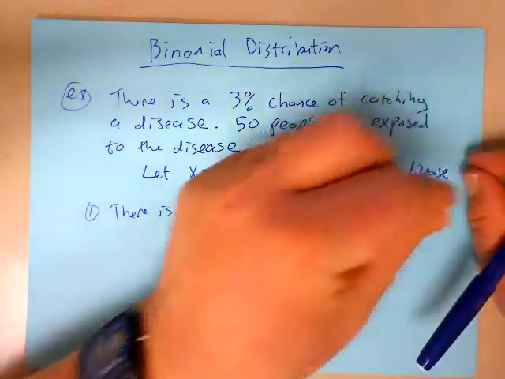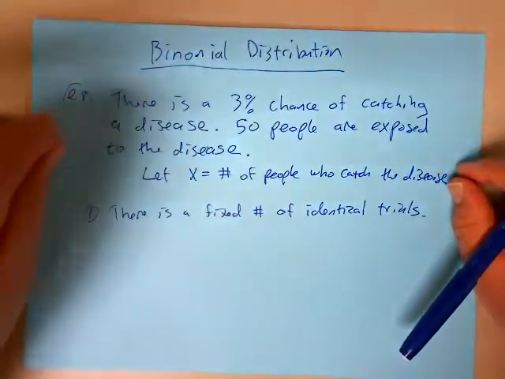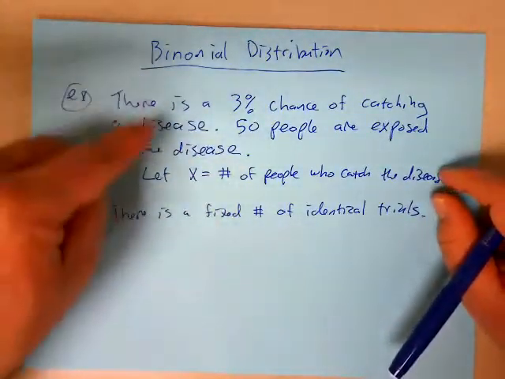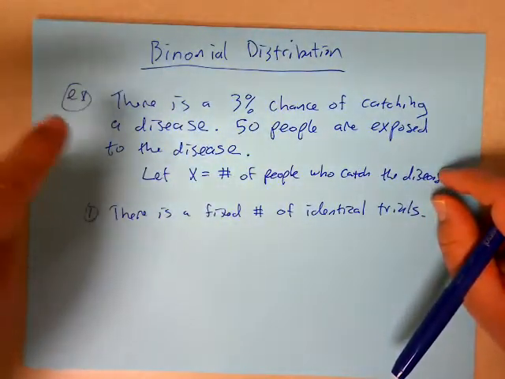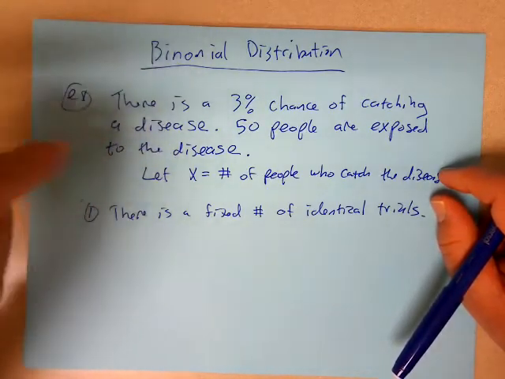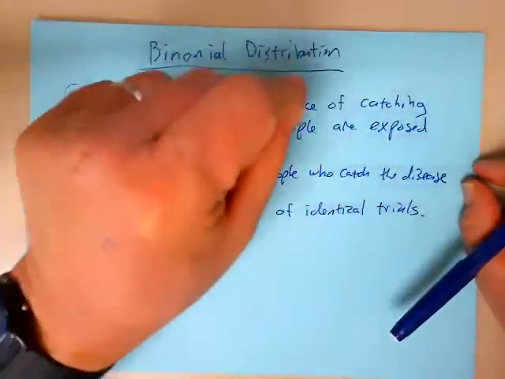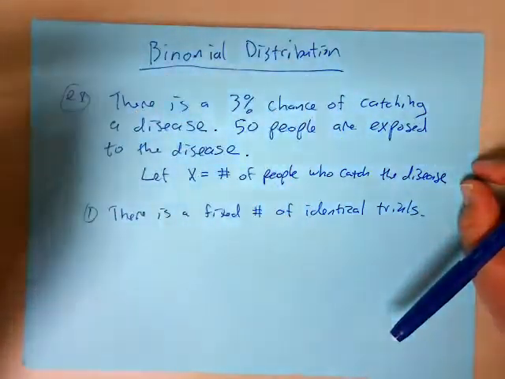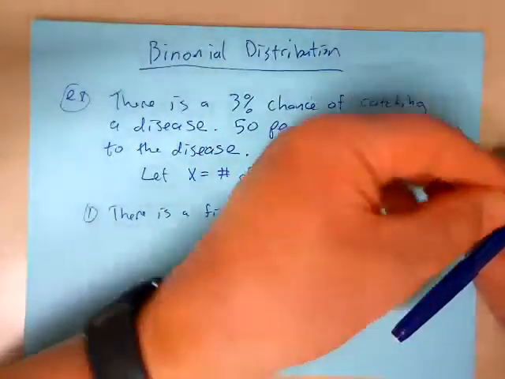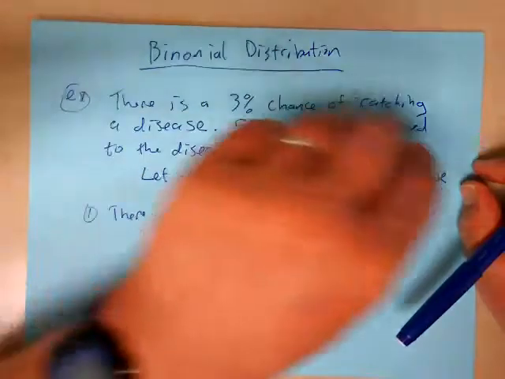It's like you're going to take the person, expose them to the disease, and either they catch it or they don't. So let's say I have two receptacles over here. One is where I put the people that catch it, the other one is for the people that don't. Then I take another person, expose them to the disease, and either they catch it or they don't. I take a third person, expose them, and either they catch it or they don't.